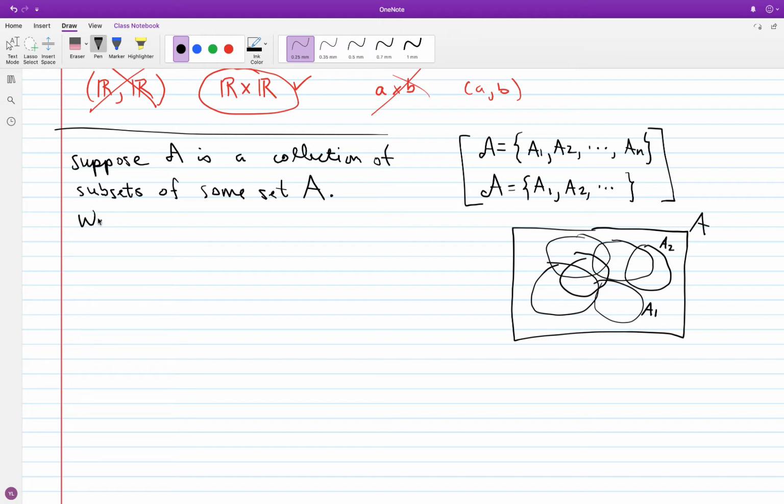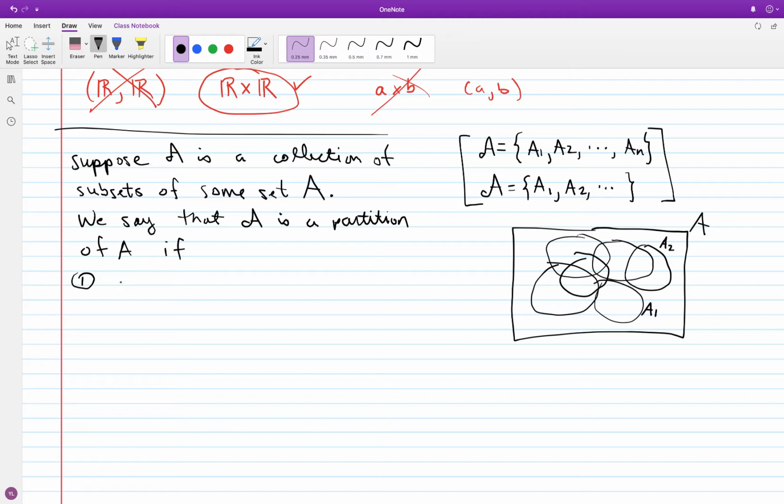So we say that curly A is a partition of A if a number of things hold. First off, the sets in the collection curly A have to all be non-empty.